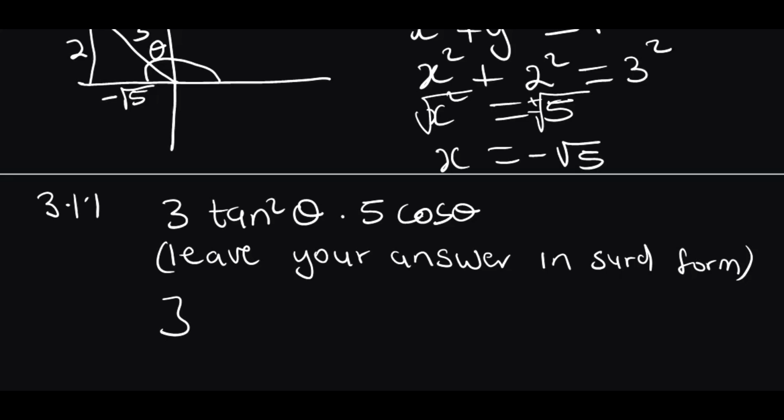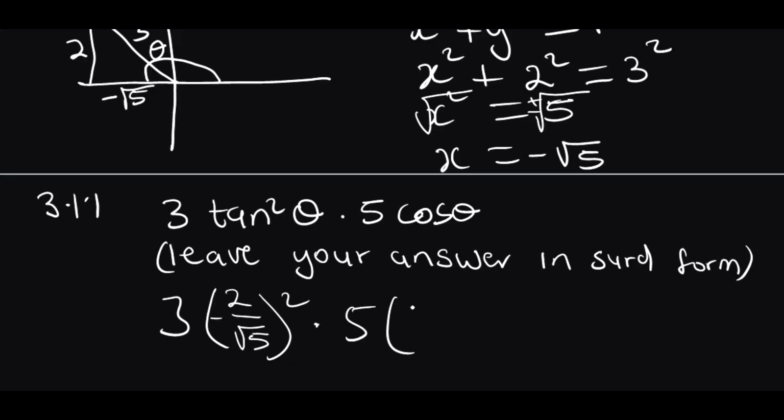Tan is opposite over adjacent, meaning we will have 2 over negative square root of 5, all squared, times 5 into cos.